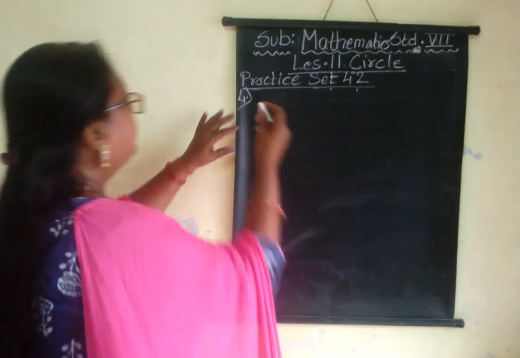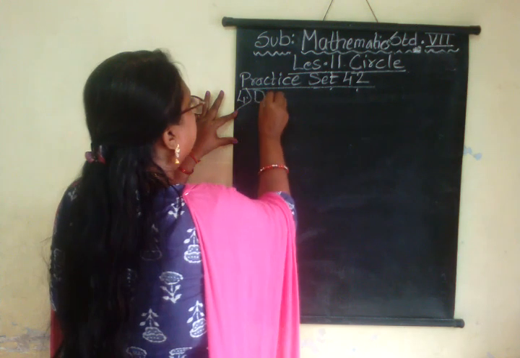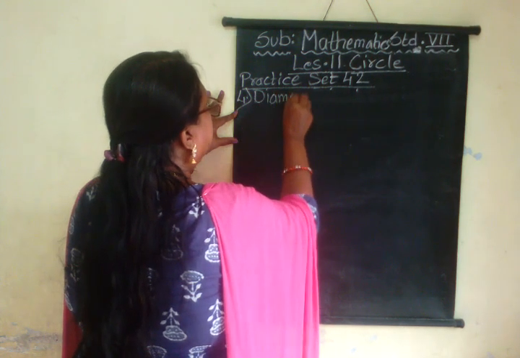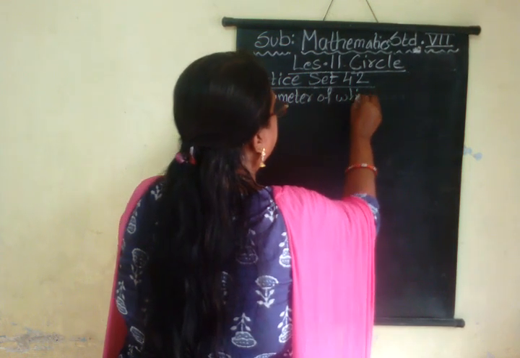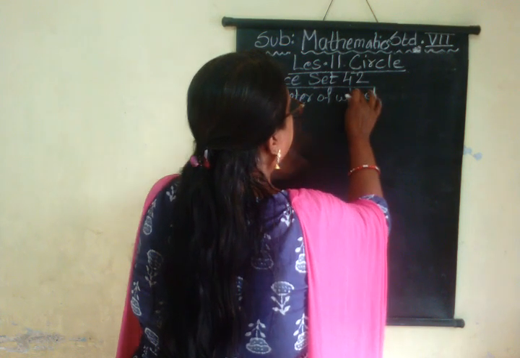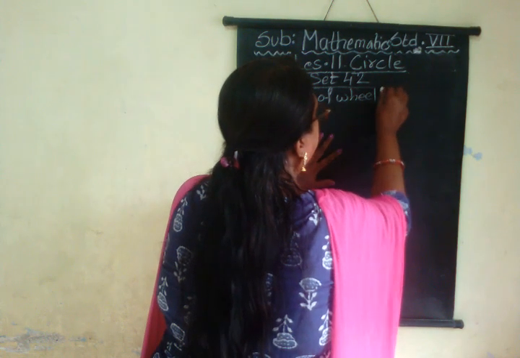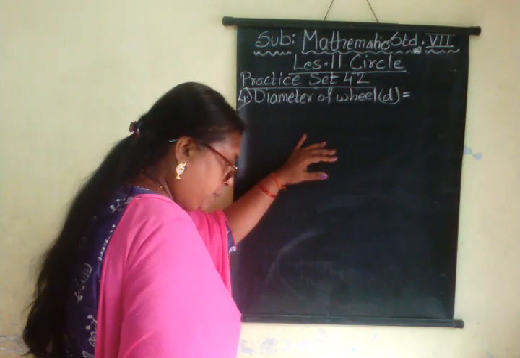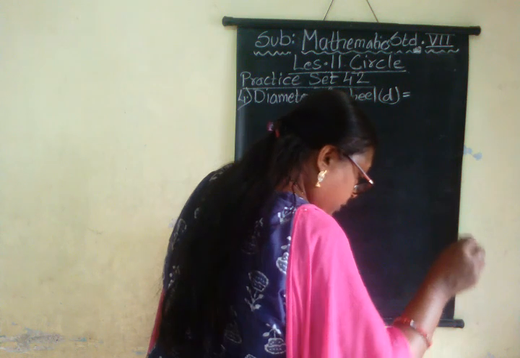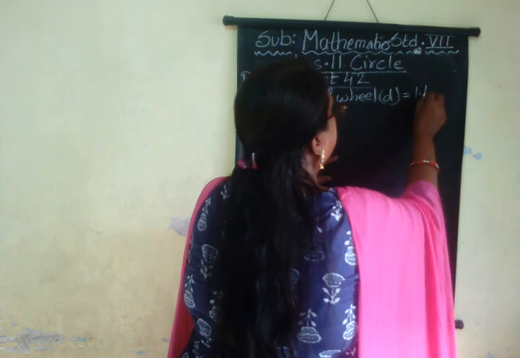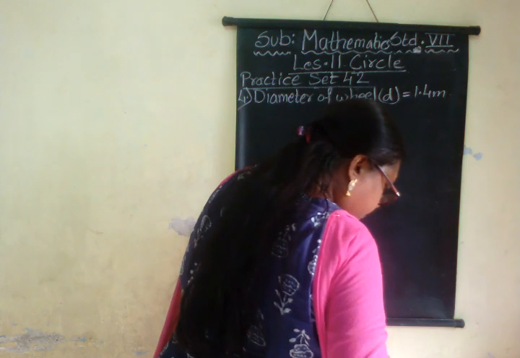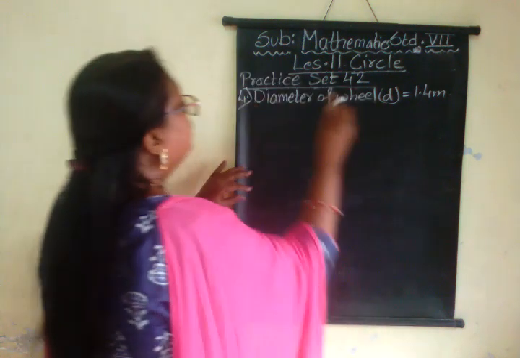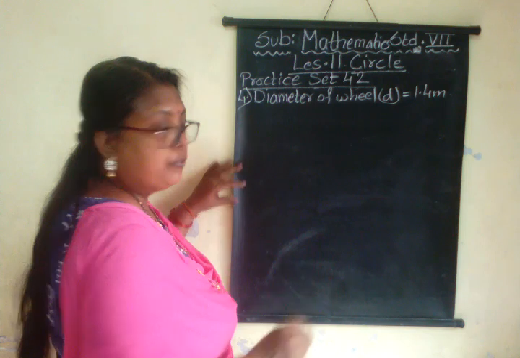First I will write diameter of the wheel. D is equal to, diameter is given 1.4 meter. Okay. So I'll find the circumference first.